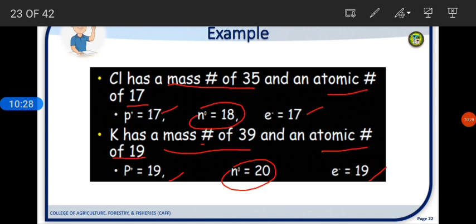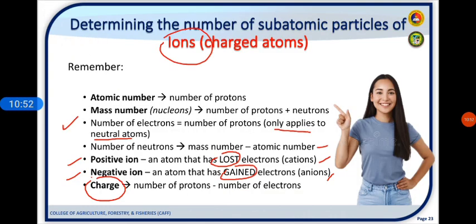How about potassium? Potassium has 19 protons and 19 electrons. If you compute for the charge of potassium, 19 protons minus 19 electrons is equal to 0. So this potassium is also a neutral atom.